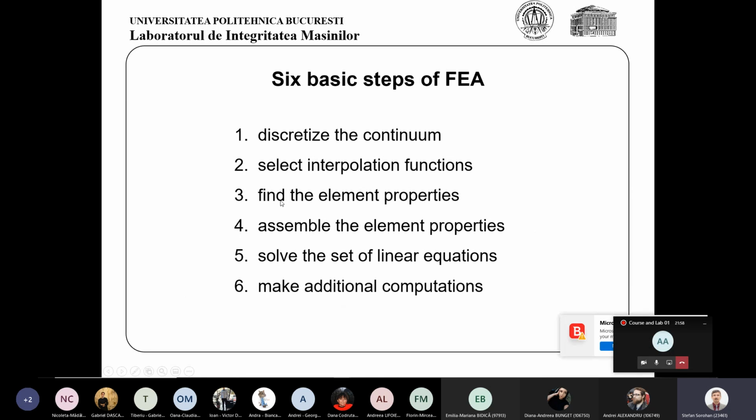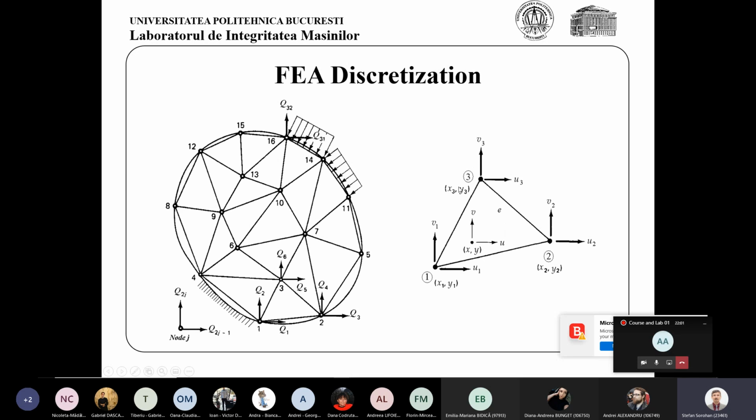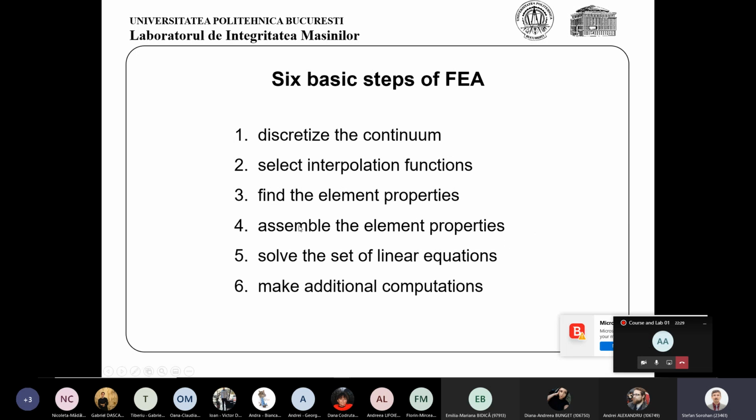Then we must find the element properties. What does that mean? So this element has an area. We must know the nodal coordinates for nodes 1, 2, 3 for each element. This element may have a thickness. This element may be from steel, and steel has some properties such as Young modulus, Poisson ratio, mass density, and another one, maybe not always constant, but a property.